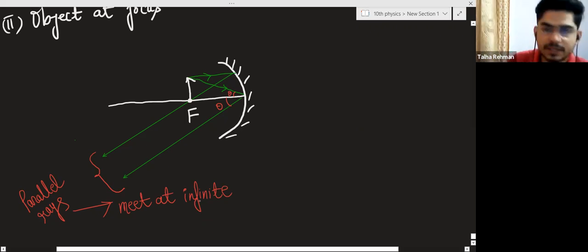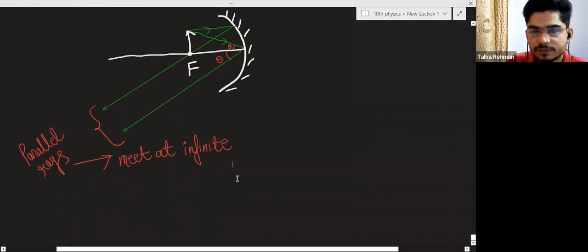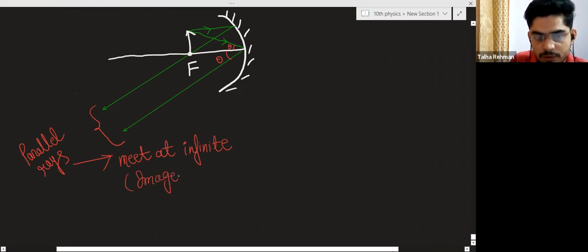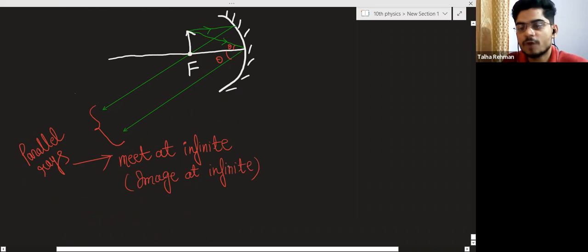So these rays will meet at infinity, which means the image will form at infinity. The image is formed where the light rays meet, and here the light rays are meeting at infinity.